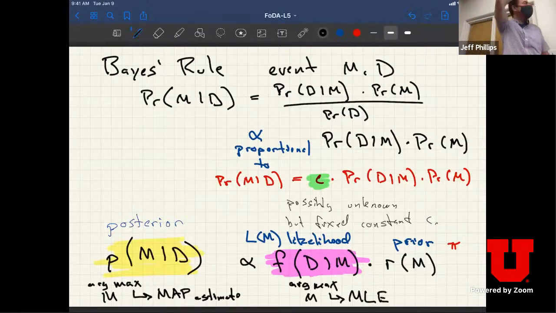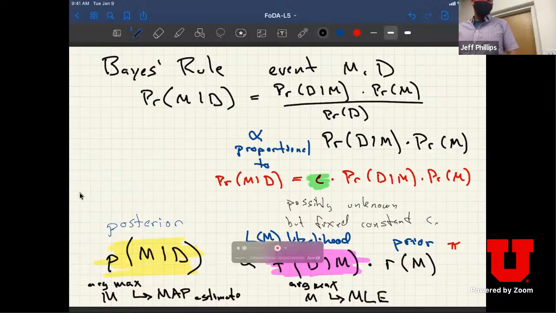We talked about the MLE last time. We're going to go through a version of that analysis again, but include the prior, and we get the MAP estimate. Does that make sense? So good.